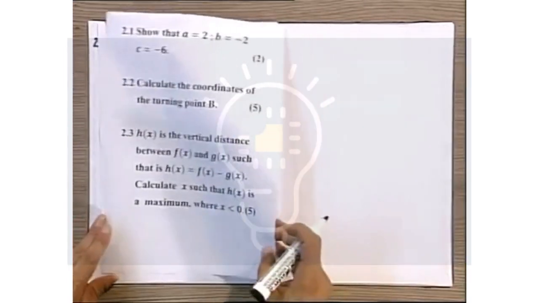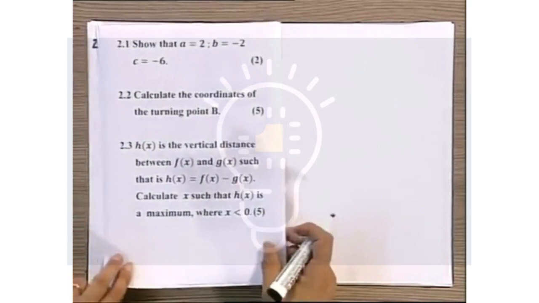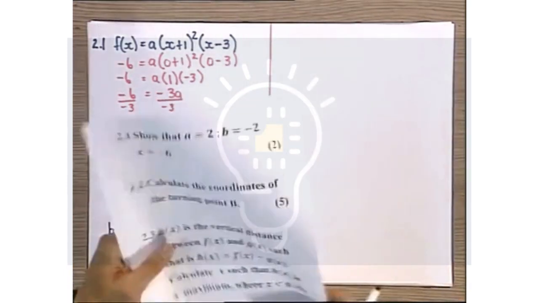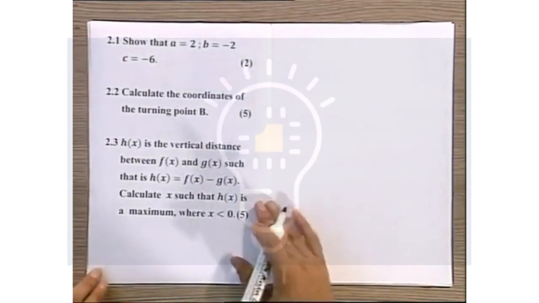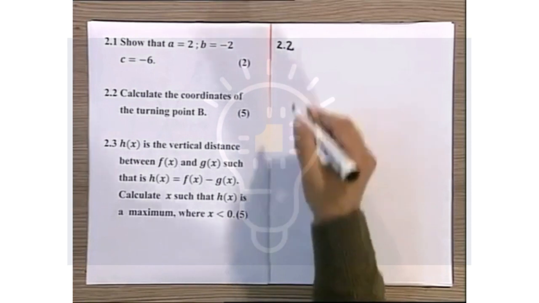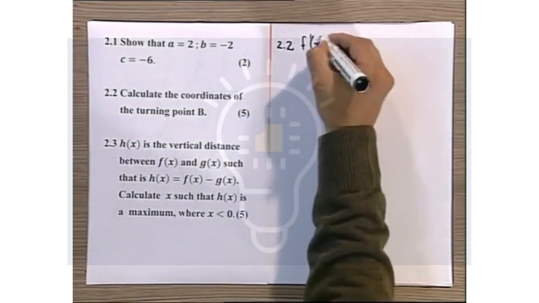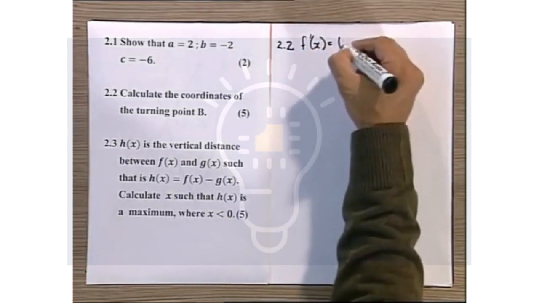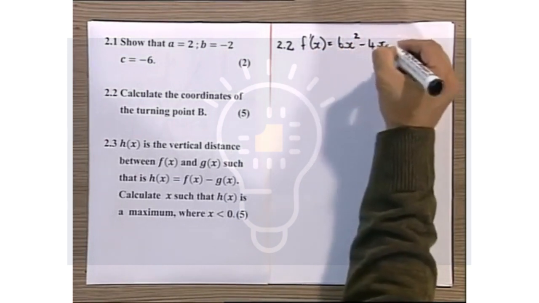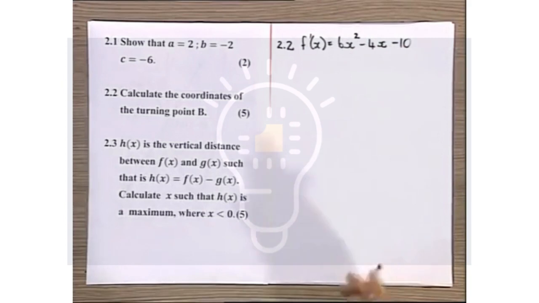And because we have the equation that we've worked out, we just need to find the derivative. So what is the derivative? Let me just quickly show there. We will have f prime x equals, the derivative is going to be 6x squared minus 4x minus 10. Remember, put the derivative equal to 0.